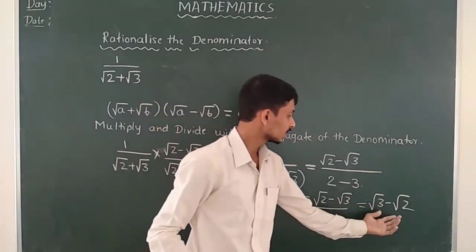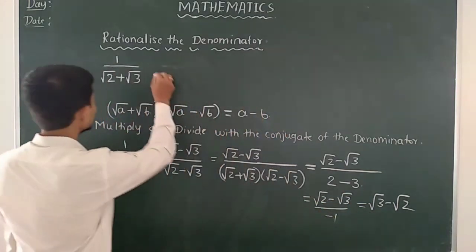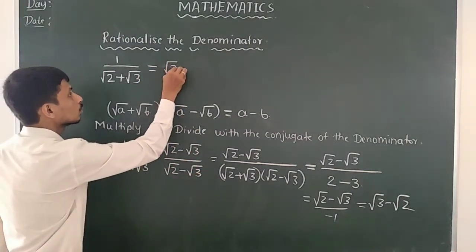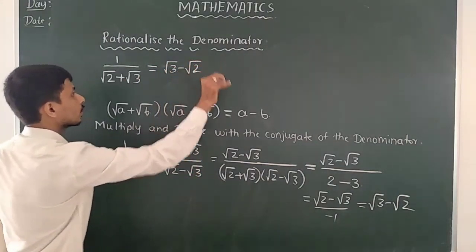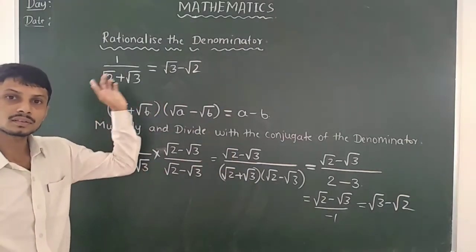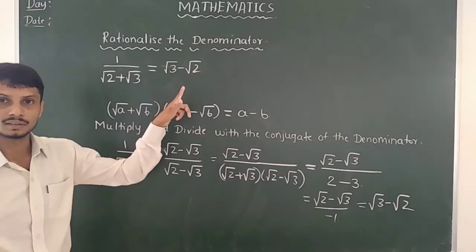The answer of this is root 3 minus root 2. That is the answer of this equation. So this is the answer here.